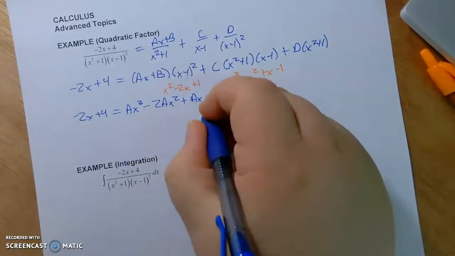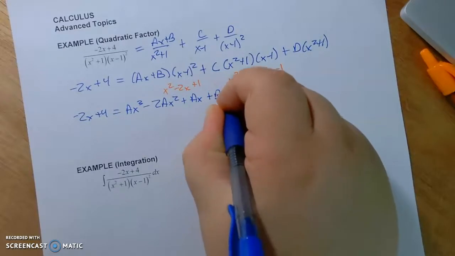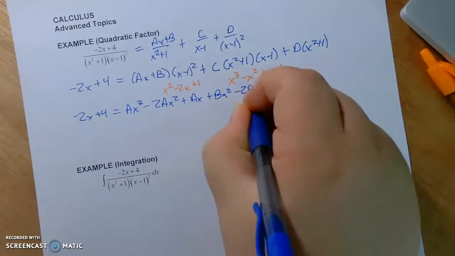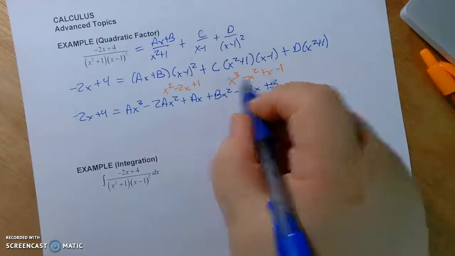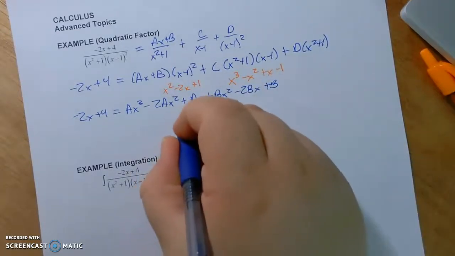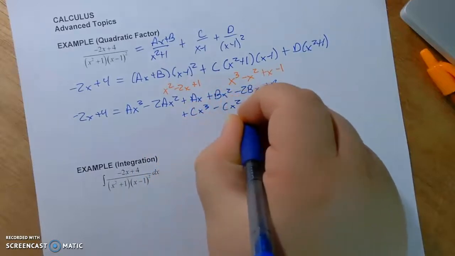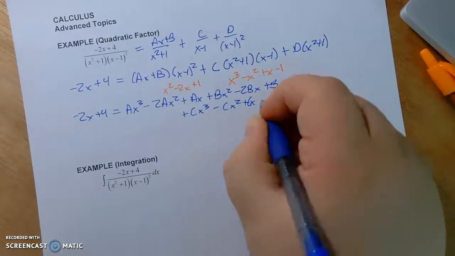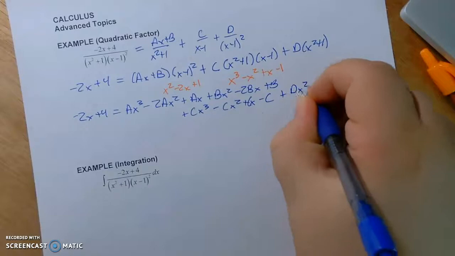Now I'm going to take b, multiply it through, plus bx squared minus 2bx plus b. Now I'm going to take c and just multiply it through. That one's easy. That's plus cx cubed minus cx squared plus cx minus c. And then last one here is dx squared plus d.